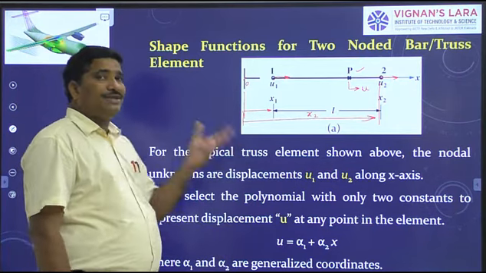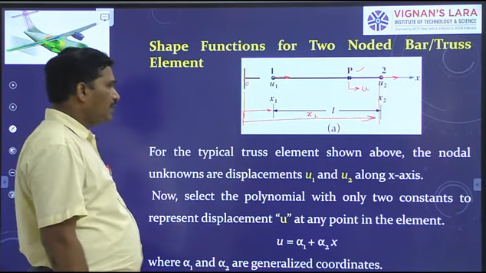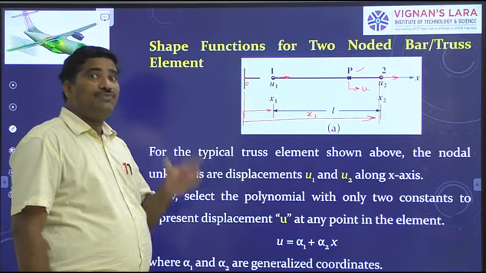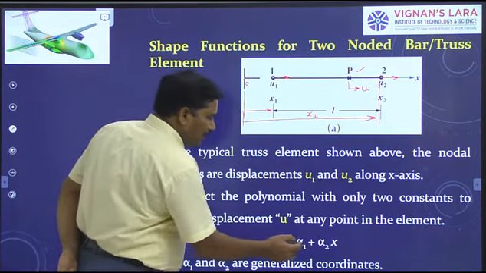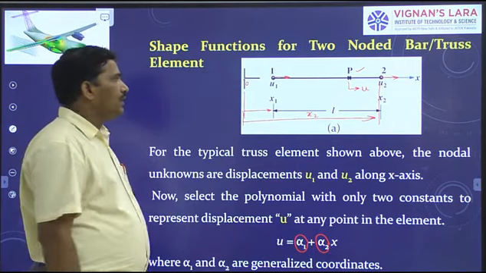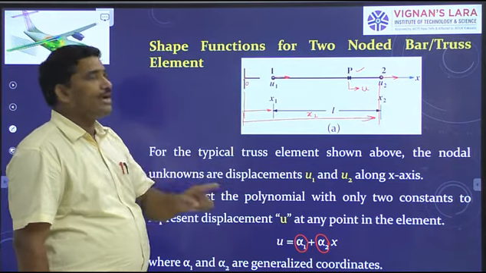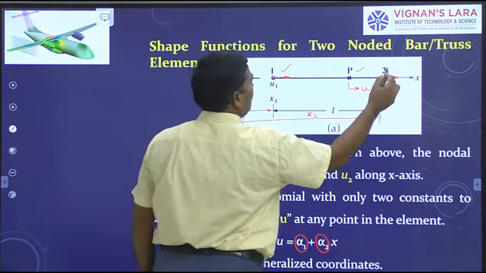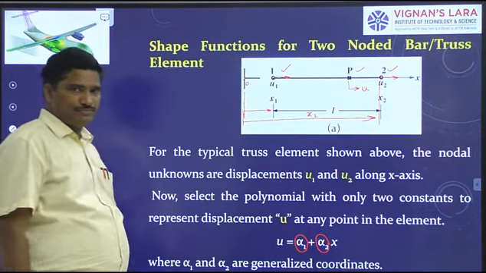Here the condition is, as I said, the number of constants appearing in the polynomial must be equal to the number of degrees of freedom in the element. How many degrees of freedom are there? There are 2 degrees of freedom.